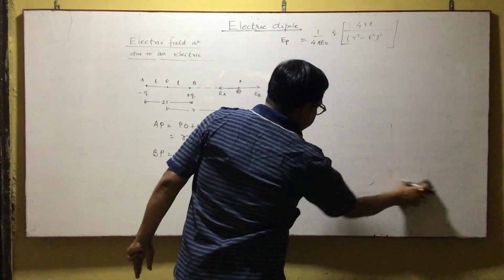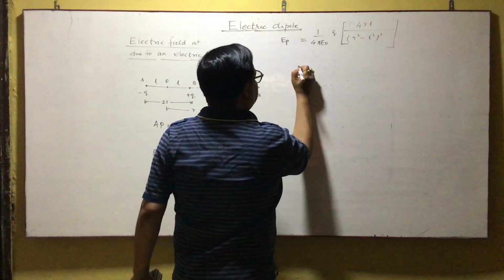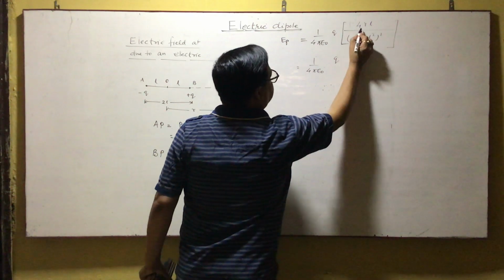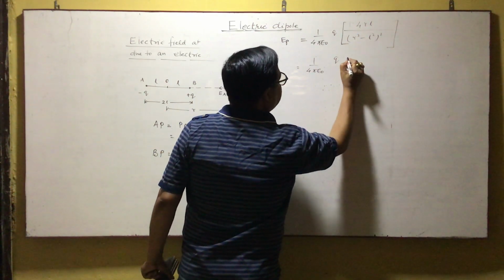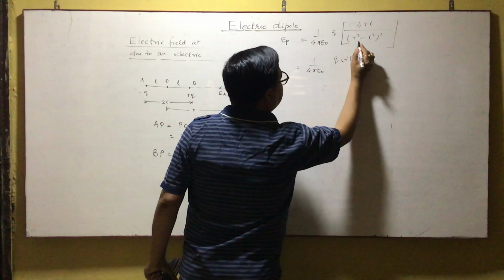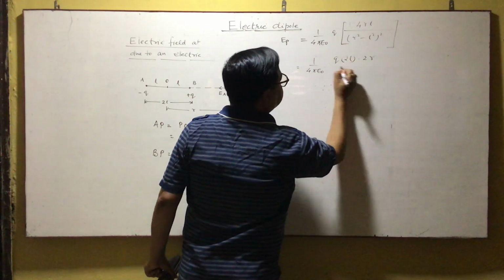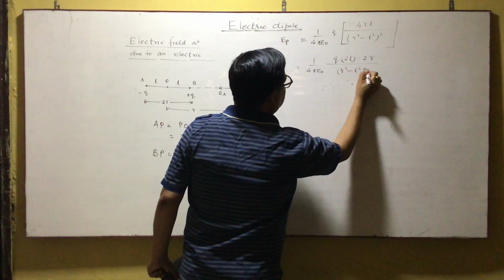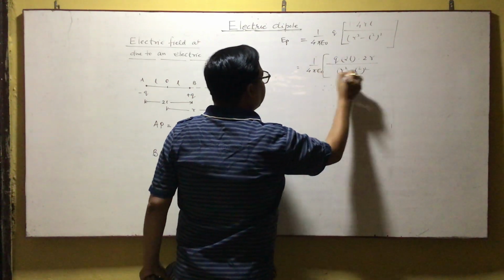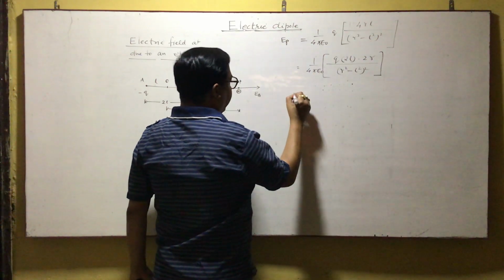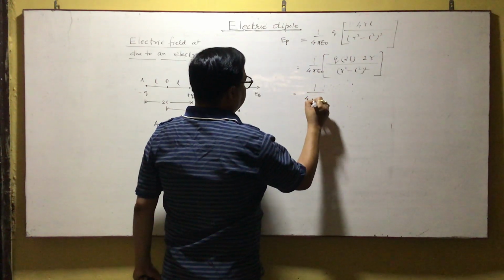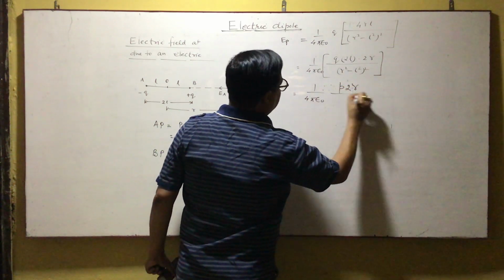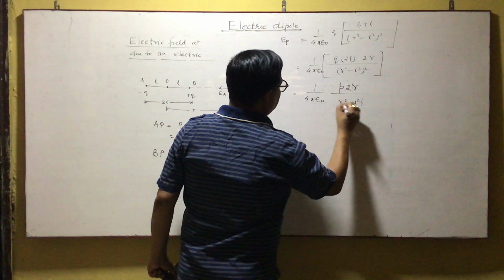Now in the next step we write this as 1 by 4 pi epsilon naught Q, and from this 4RL we can separate 2L and the remaining is 2R, divided by (R square minus L square) whole square. So this Q into 2L we can write as dipole moment P. So 1 by 4 pi epsilon naught, dipole moment P into 2R upon (R square minus L square) whole square.